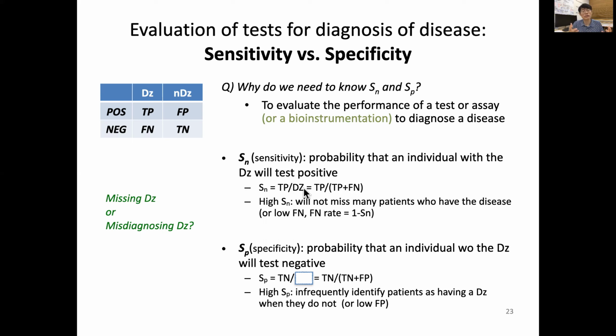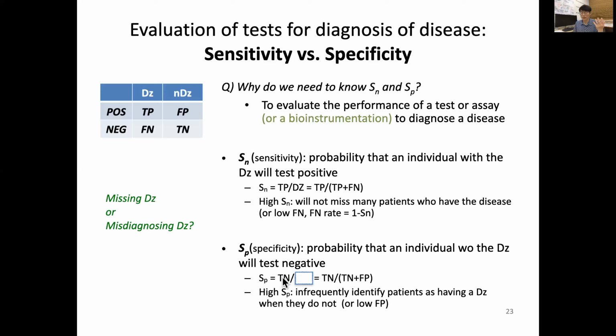So sensitivity really means that someone has the disease and this test should give a positive result. Then you can think of the opposite case: I don't have the disease, I take this test, and I want a negative result. That is related to specificity. It defines the probability that an individual who does not have the disease will test negative.